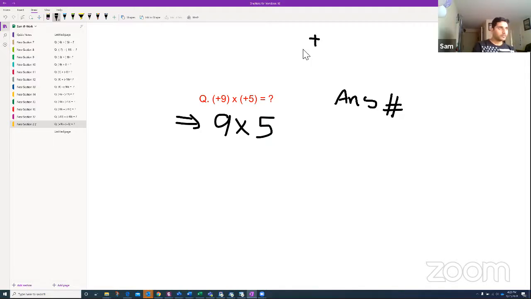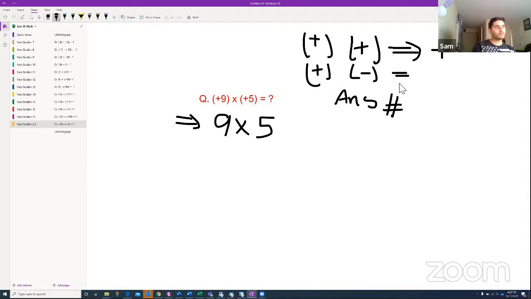You're multiplying positive with another positive, that means it's going to be positive. If you're multiplying positive with negative, it's going to be negative. If you're multiplying negative with another negative, it's going to be positive.